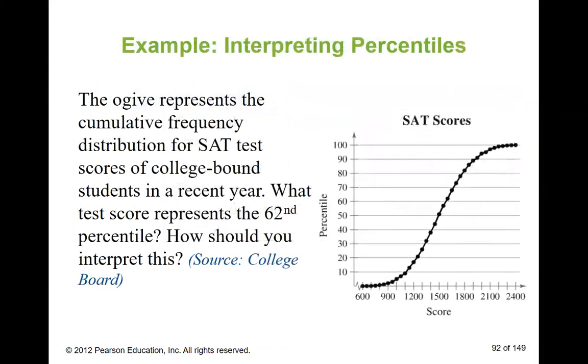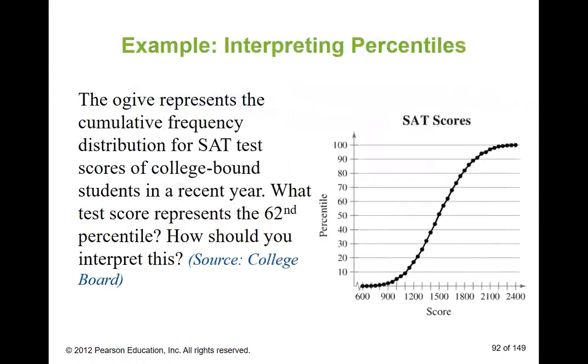Okay. Now, if we wanted to interpret percentiles, remember how we mentioned an ogive earlier? That's where it's all cumulative. You just keep adding on. And this is an ogive for the cumulative frequency distribution for SAT scores of college-bound students in a recent year, okay? What test score represents the 62nd percentile?